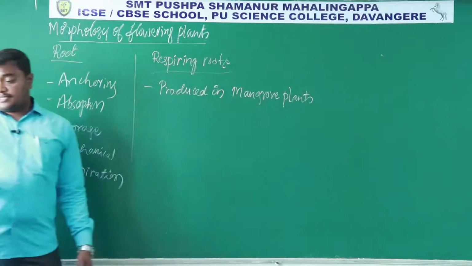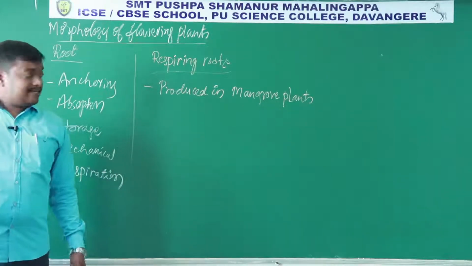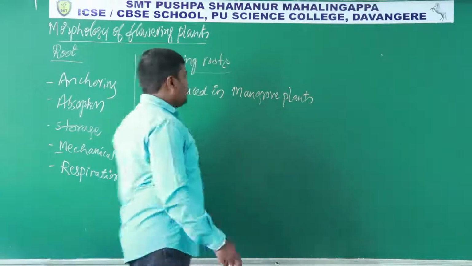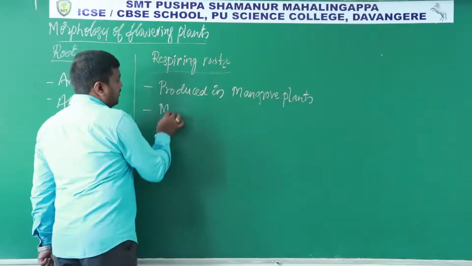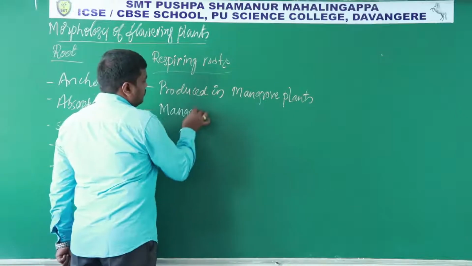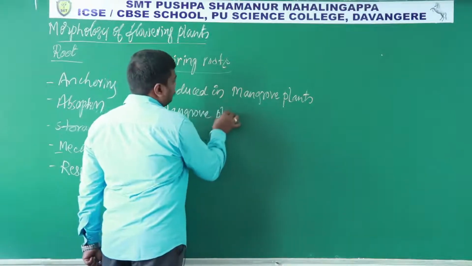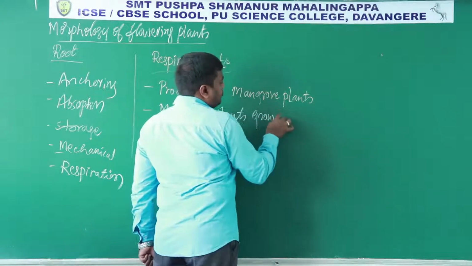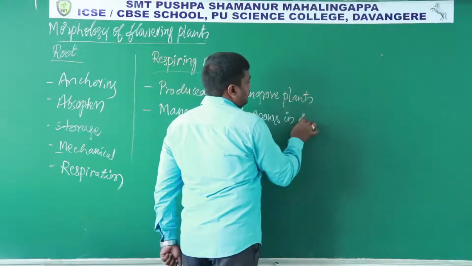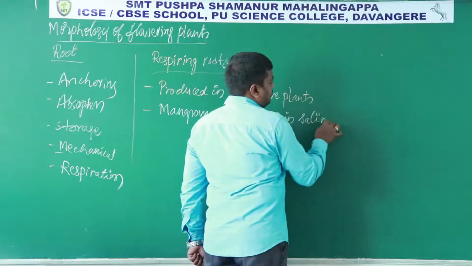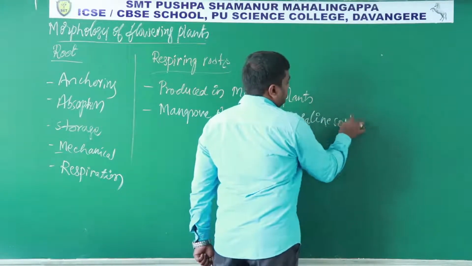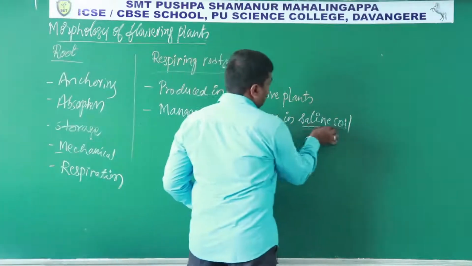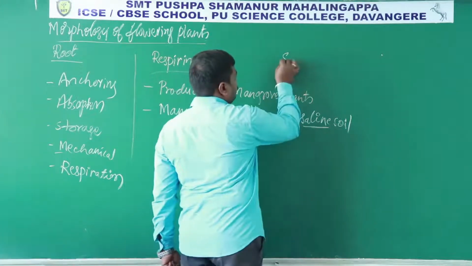They are not seen in all plants, only in mangrove plants. Mangrove plants grow in saline soil. Saline, which means having more salt.